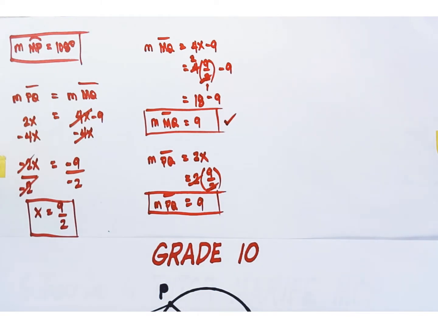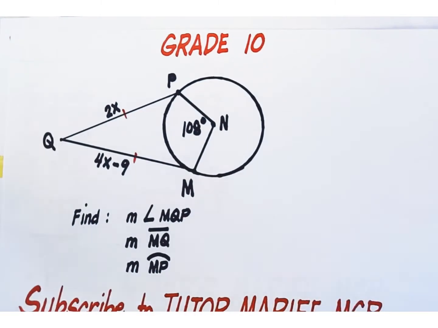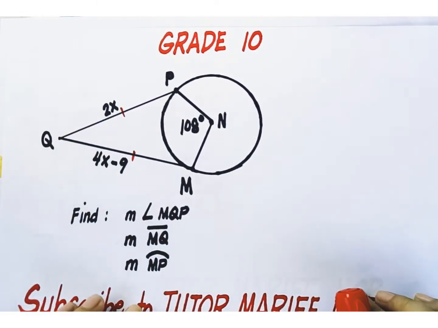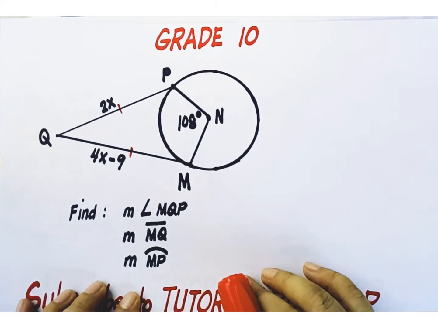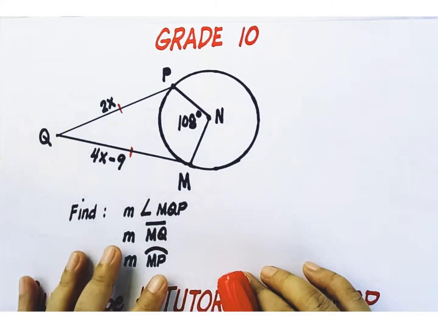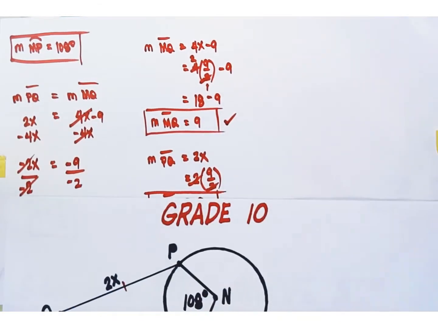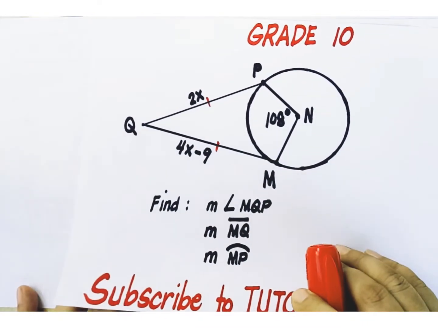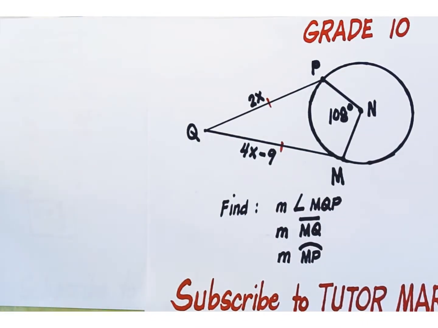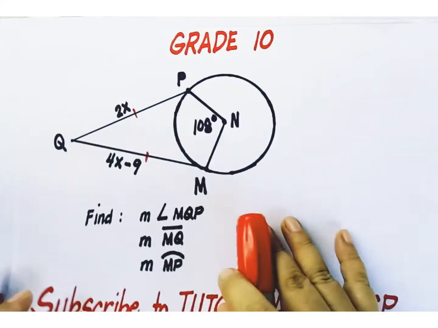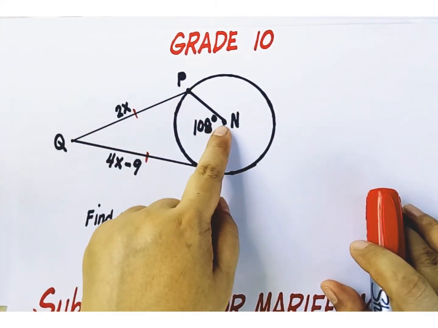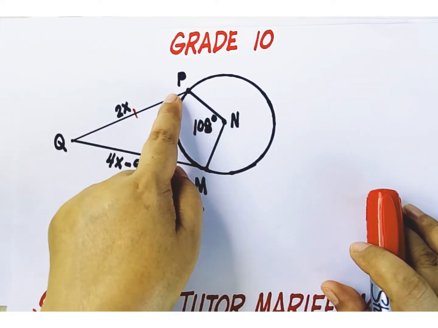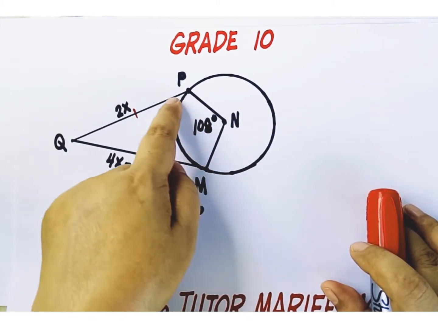Okay, so let's now solve for the indicated angle, the exterior angle MQP. Actually, there are two ways on how to find the measure of angle MQP. For the first method, we are going to use the fact that the angle formed by a tangent segment and the radius drawn from the center to the point of tangency is always equal to 90 degrees.